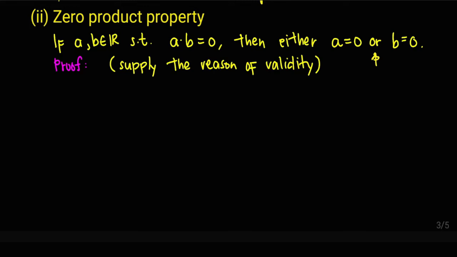In predicate logic, whenever you want to prove an OR statement, we can use the disjunctive syllogism technique.